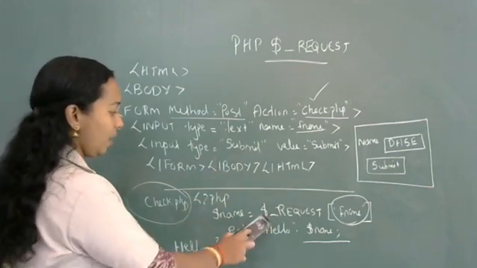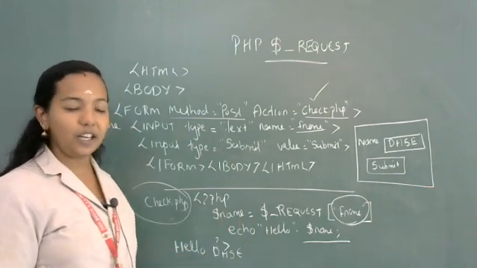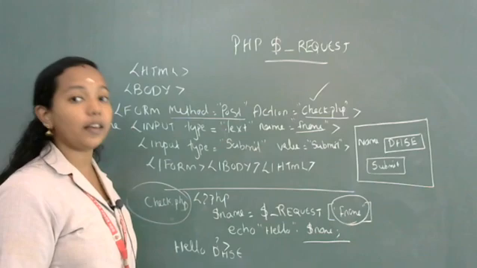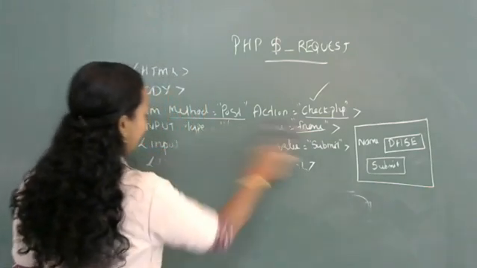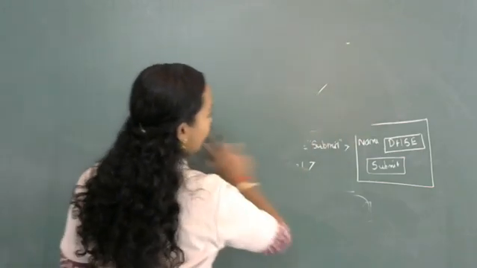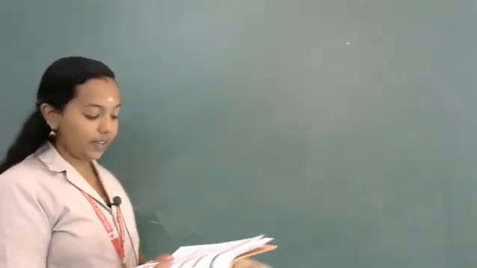Here I used the $_REQUEST method. Then two more options are available: we can make use of $_GET and also $_POST. That we will discuss next, how to create programs using the $_GET and $_POST methods.